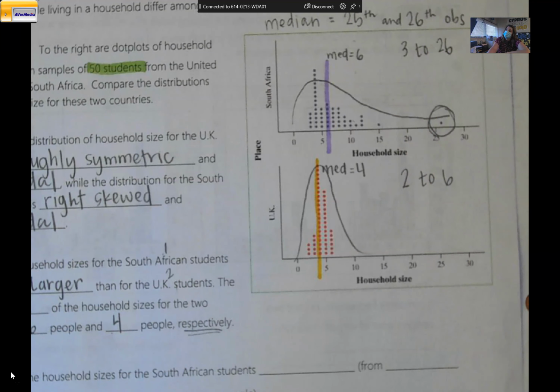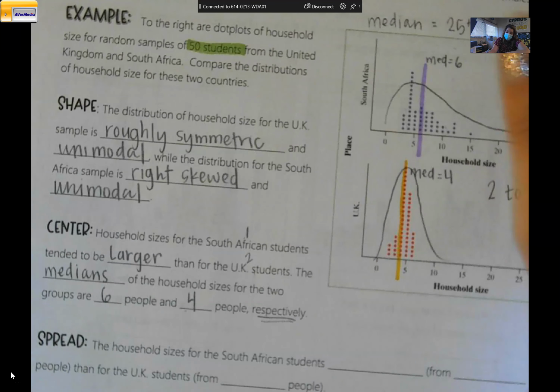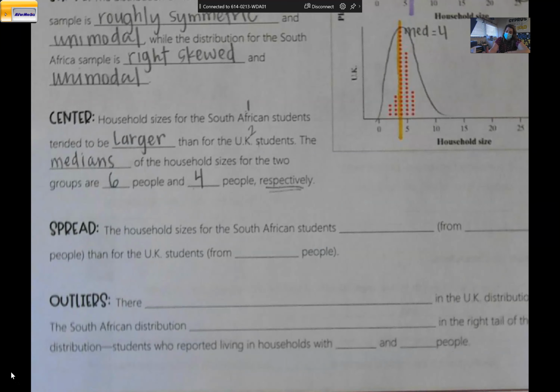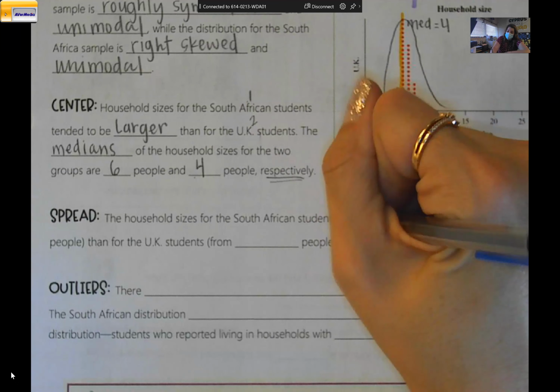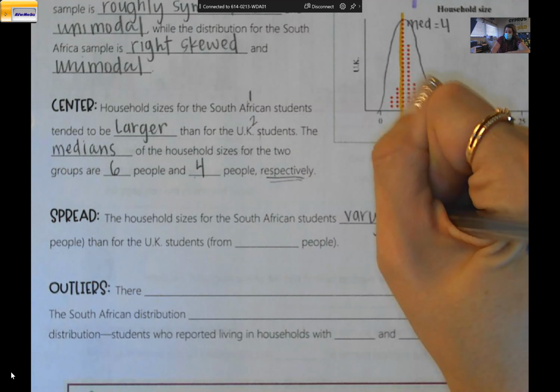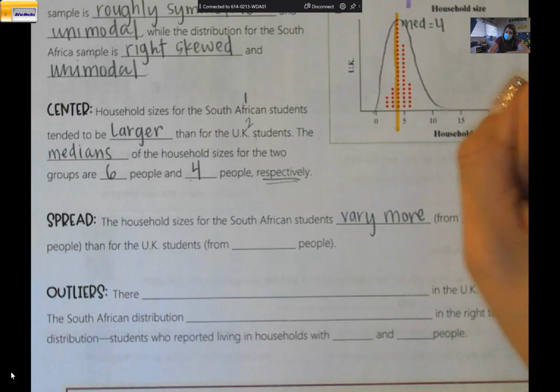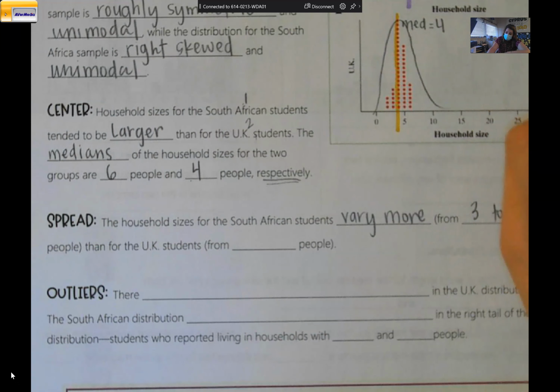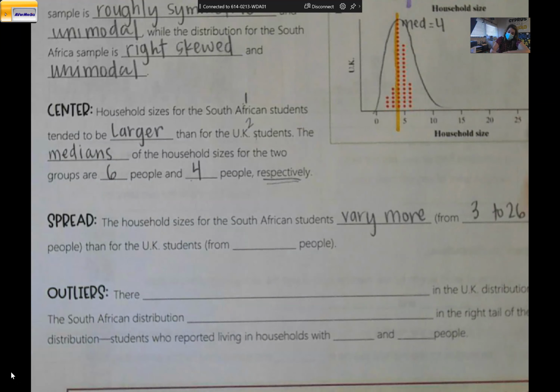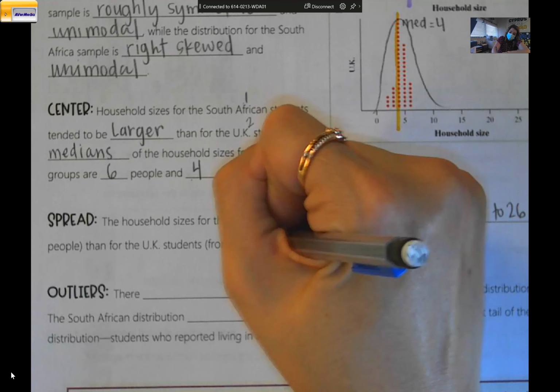6. So the household sizes for the South African students vary more, from 3 to 26, than for the UK students, which was 2 to 6.